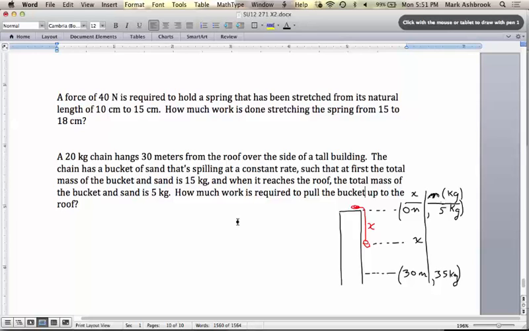Okay, so you have to go with the linear relationship, and what's this mass given x? Right, so it's kind of like slope and y-intercept, right? Slope is 35 minus 5 over 30, which is 1 kilogram per meter, right?